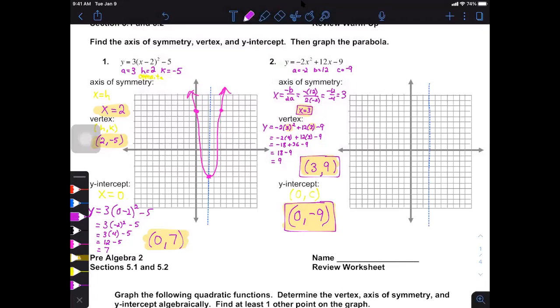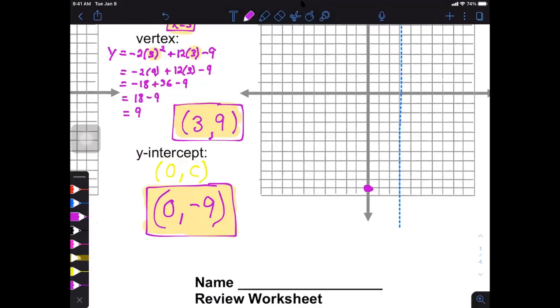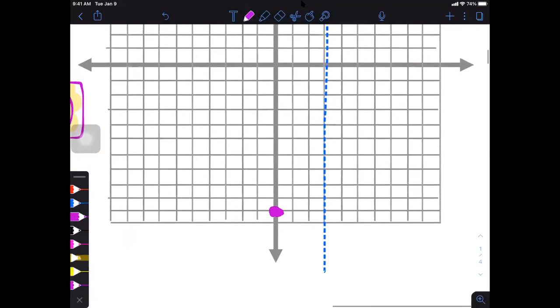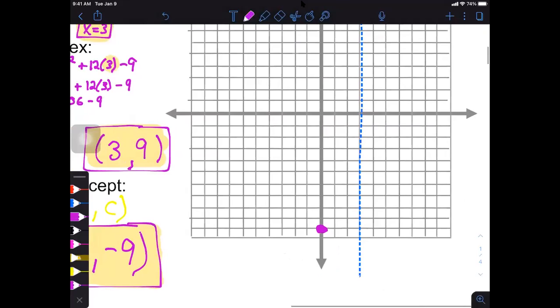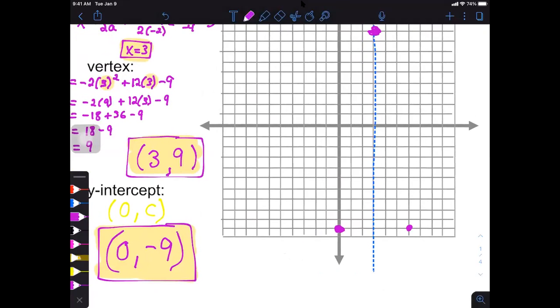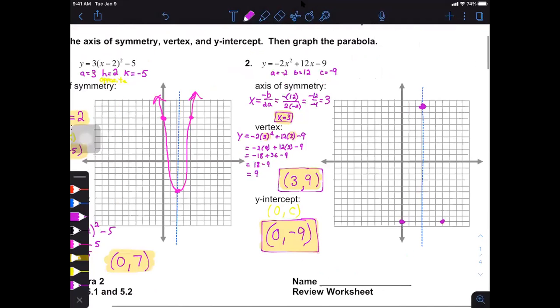So that'd be 3, 9. You graph your y-intercept, which is 0, -9. And then you're going to mirror. So it's 3 away, so you go 3 away on the right-hand side. And that's how you get your points. Then you draw your parabola.